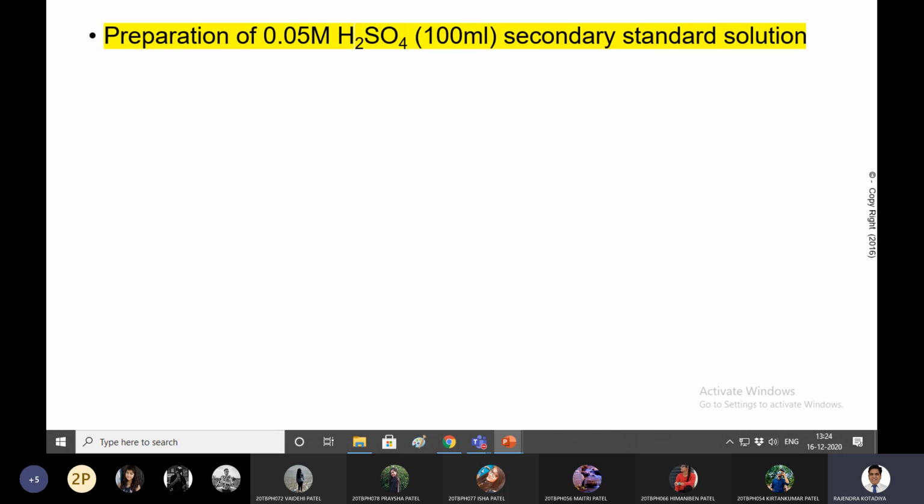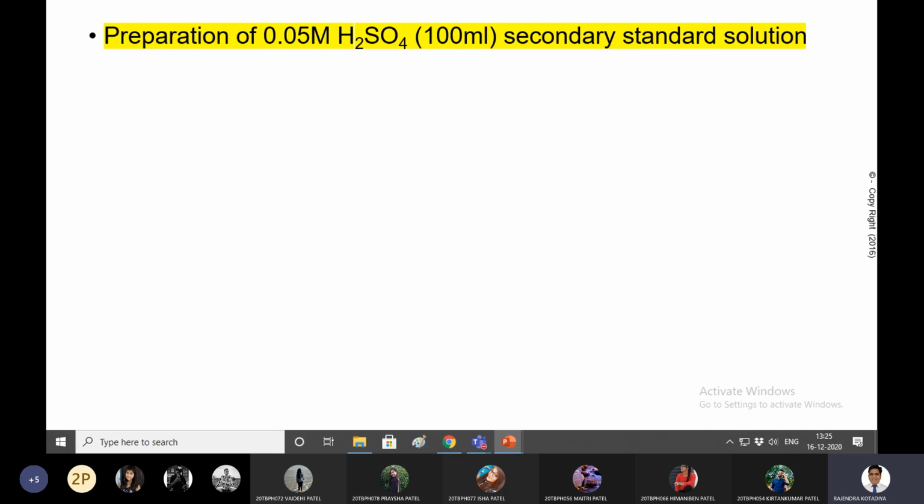What will be the first step in the preparation of 0.05 molar H2SO4 solution? Sir, we find the mass of the sulfuric acid to be added in 100 ml using the formula of molarity. For that you should know the molecular masses.